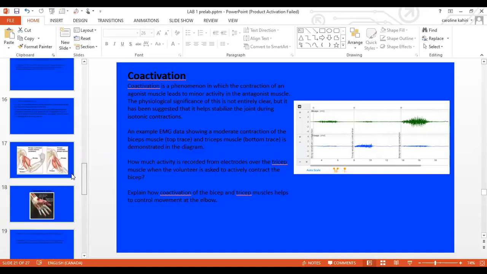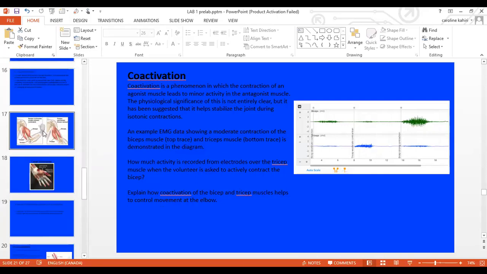But at least the three concepts I've given you: when you offer resistance, you'll see the change in electrical activity. Number two, when you change the weights, you'll see what happens to electrical activity. And number three, when you do the experiment of co-activation. We'll see the significance of this when we go to class.